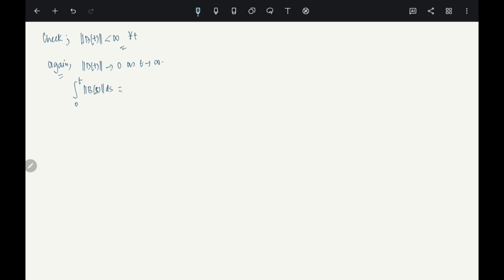What is it? It is the integral from 0 to t of 2a by (as plus b) ds, right? Now if you calculate this, it is nothing but 2 log of (at plus b) by b. As t tends to infinity, you do realize this is going to infinity, right?